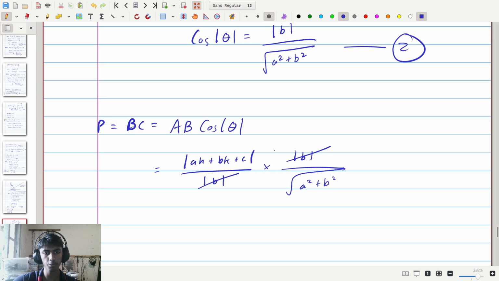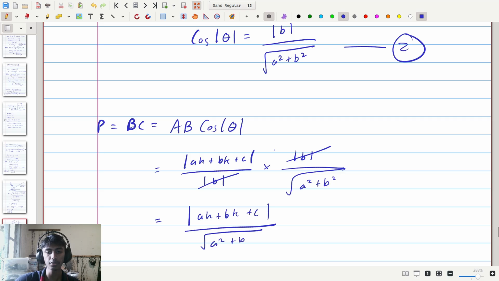Cancelling out the absolute value of b, assuming it is not equal to 0. Again, that's the issue with the vertical case, but in the vertical case it still works, so it's not a problem. We get finally that this length p, the perpendicular distance of the point to this line, is the absolute value of ah plus bk plus c divided by the square root of a squared plus b squared.